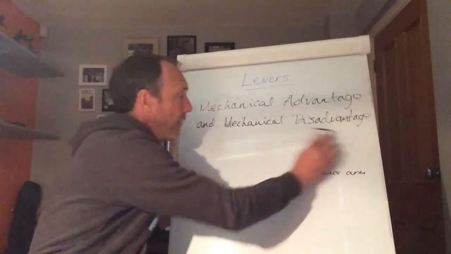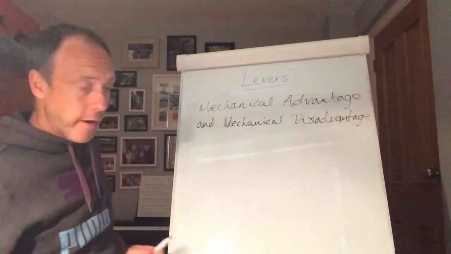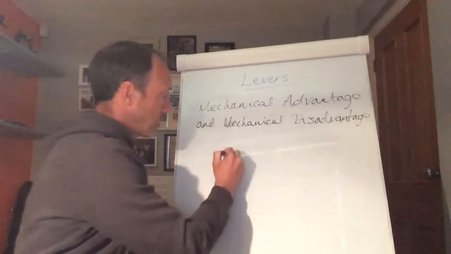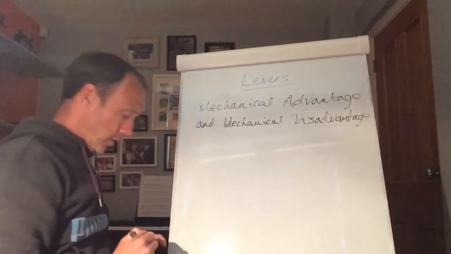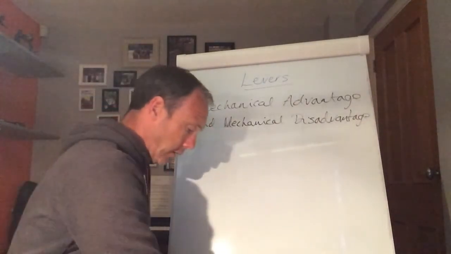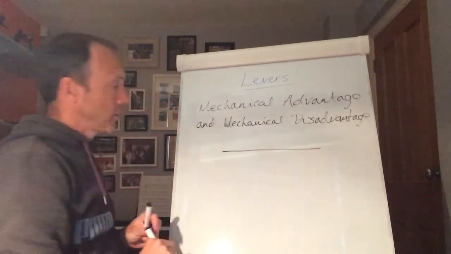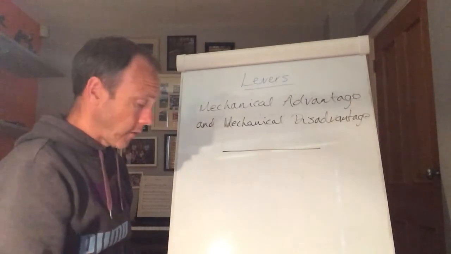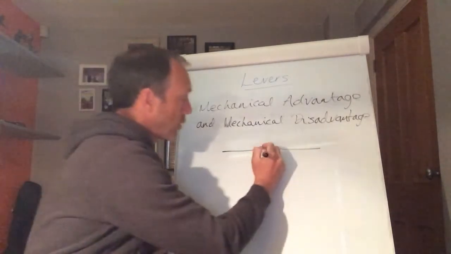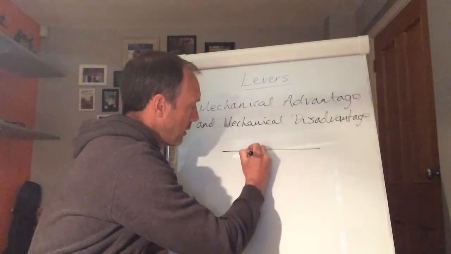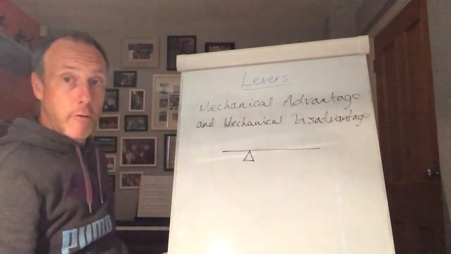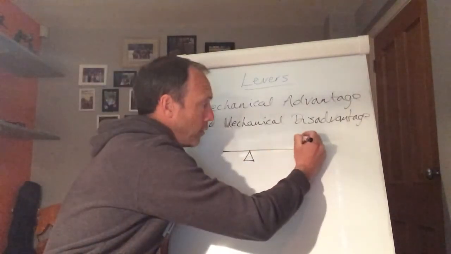However, if we take something like the first class lever, sorry, my pen's kind of fading away here. Okay, so if I take my first class lever, now remember it's EFL, so I've got my fulcrum here, I'm putting it here on purpose, and I've got my load here.